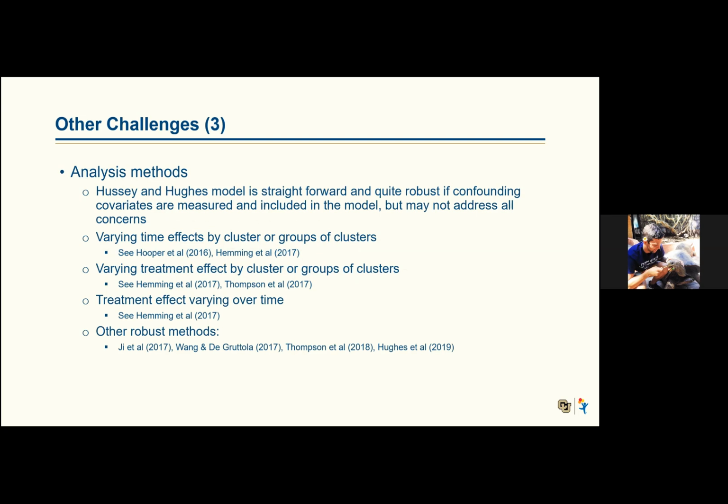And then the analysis methods. The Hussey and Hughes model is very straightforward and quite robust. But it may not address all the concerns. And if you don't have a statistician who's sophisticated enough to be able to defend the Hussey and Hughes model, you may be in trouble with reviewers. There are other issues, and there's so much research that's coming out every year.